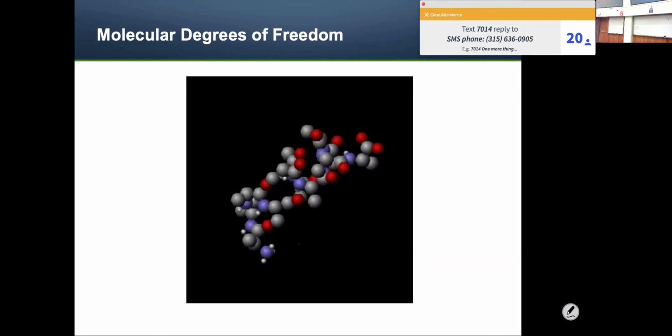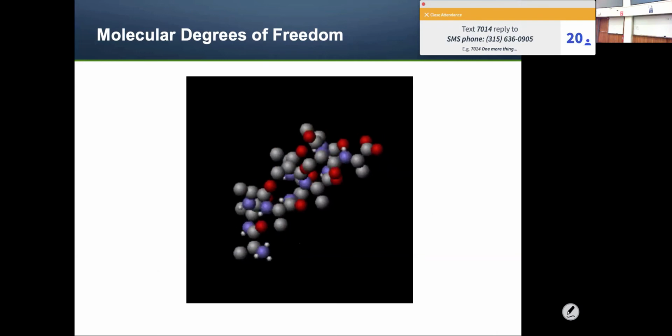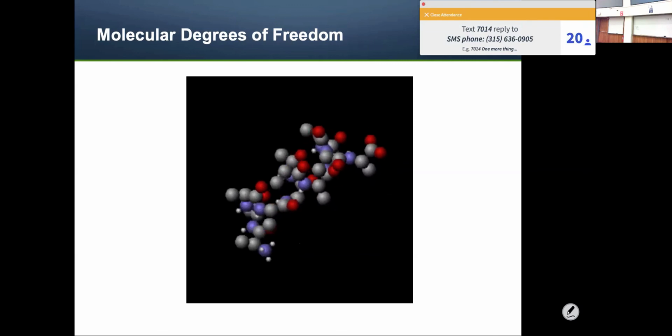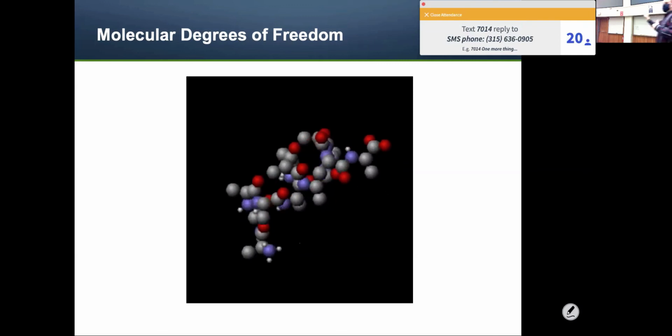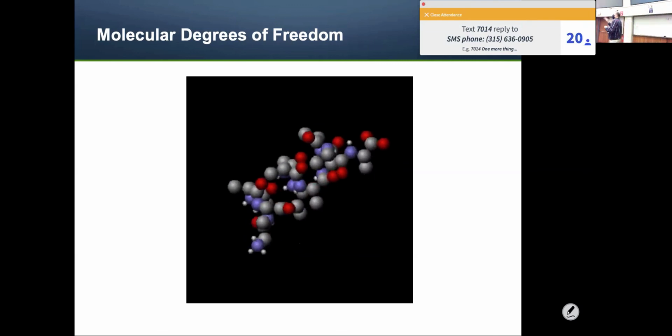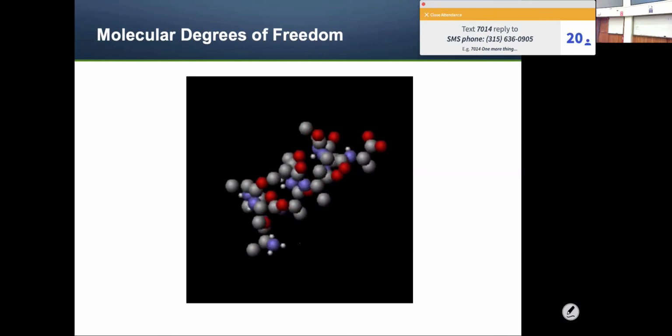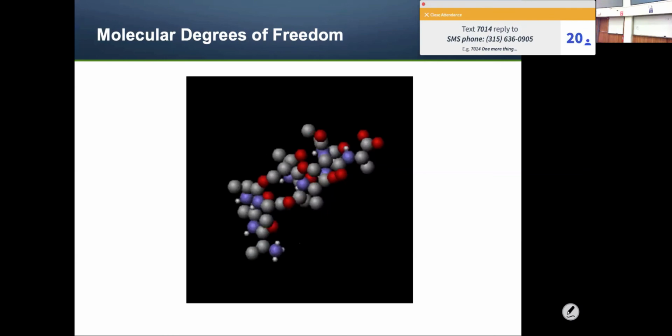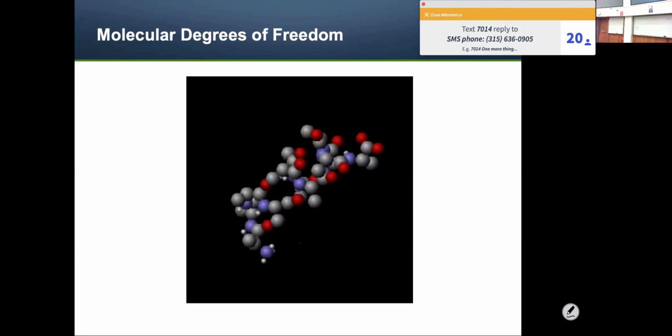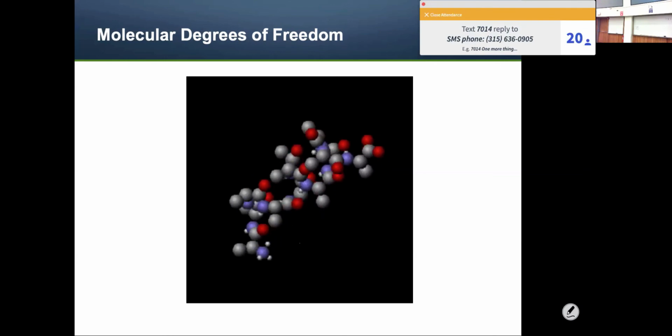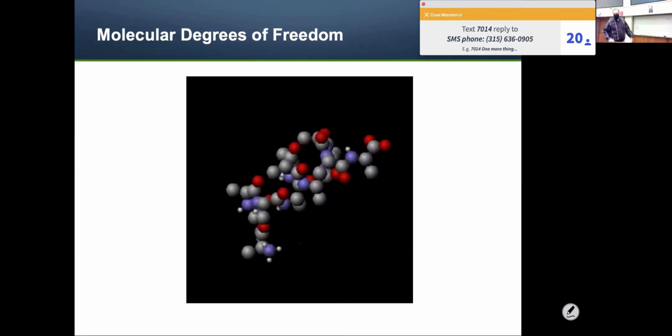So for things like water molecules, you might be able to break it down: 2 rotation, 3 vibration, 3 translation. That gives you 8 or so. That's a simple molecule. This thing could have hundreds of degrees of freedom. So it gets very complicated very fast.